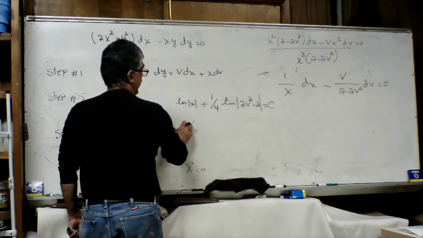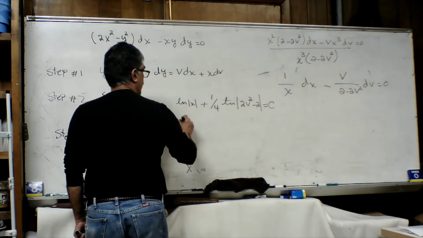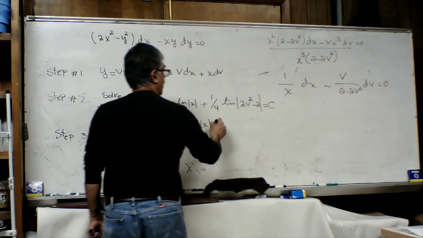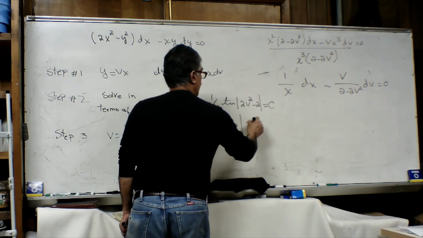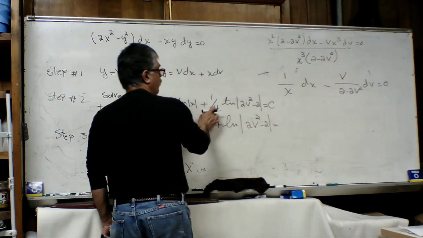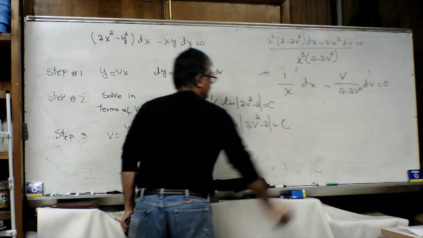Let's multiply this equation by 4. We are going to have 4 natural log of x plus natural log of 2v squared minus 2 equal to 4 multiplied by the constant, which is again another constant.